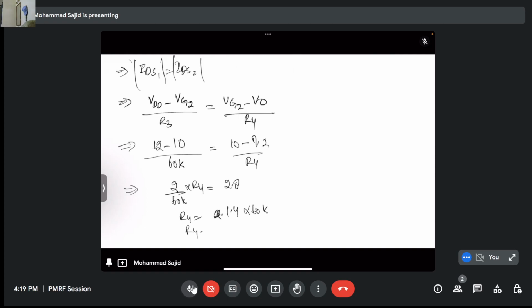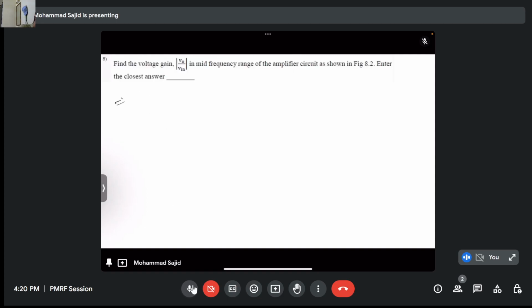My R4 will be 84 kilo ohm. So this is how you find the value of R4. Next is we have to find gain. That's doing already.